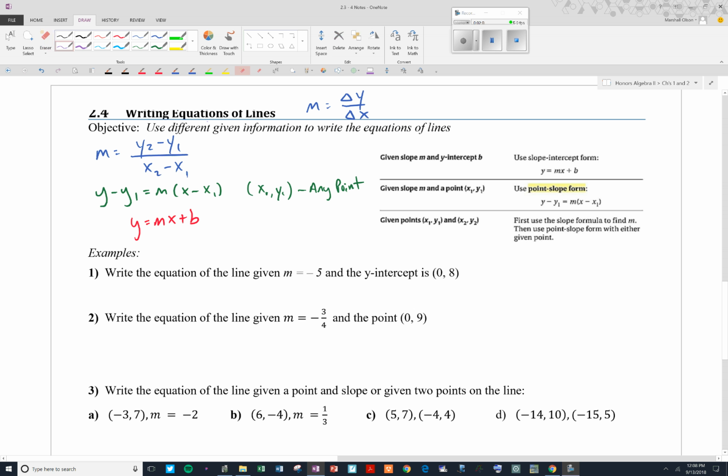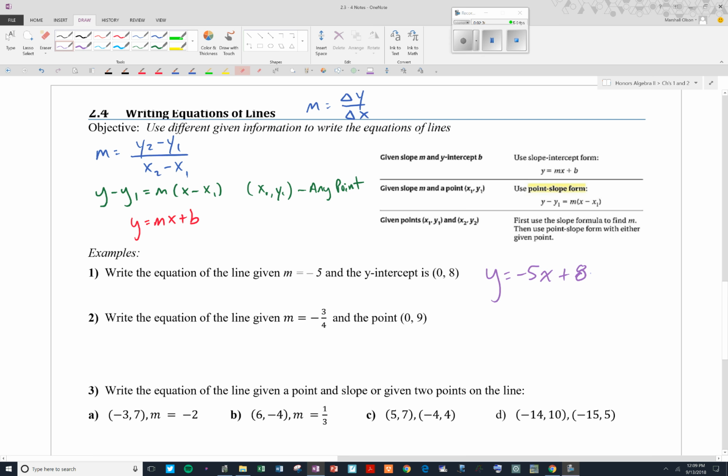So let's take a look at what we got going on down here. It turns out that some of these are going to be pretty easy. Like this first one gives us the slope and the y-intercept. So all we need to do is write our slope-intercept form. Point slope form is not needed.